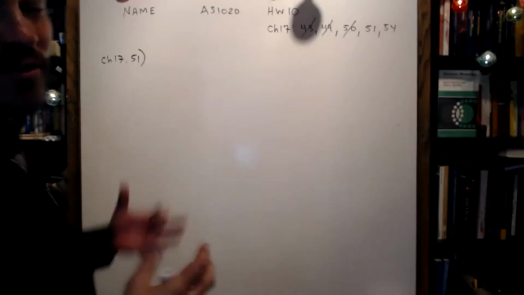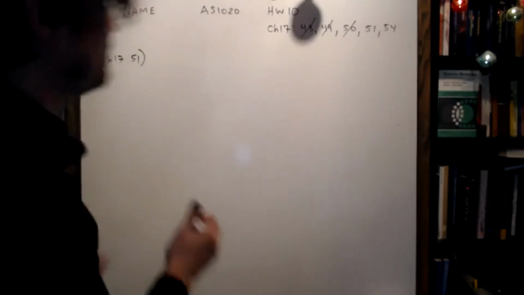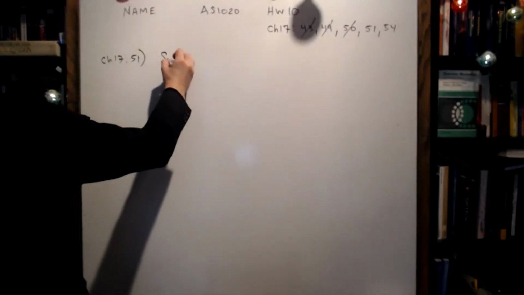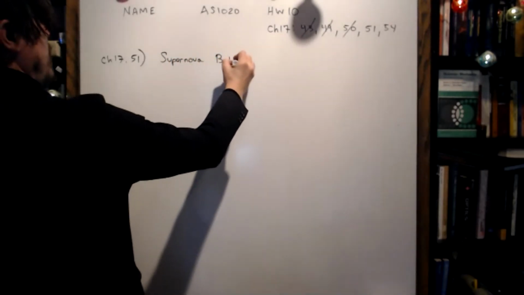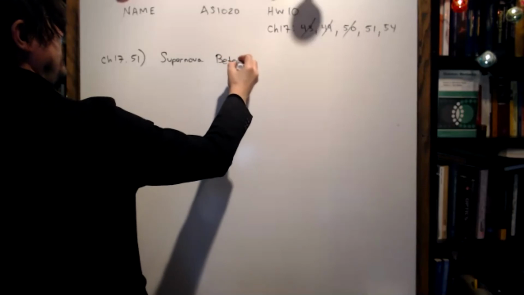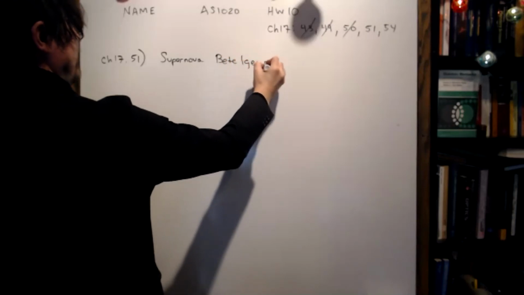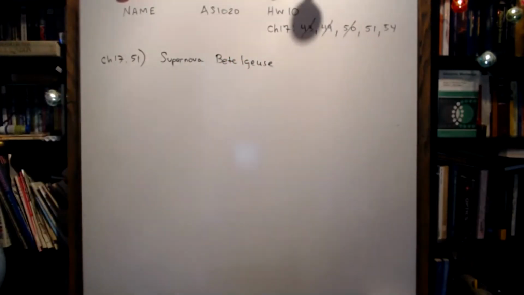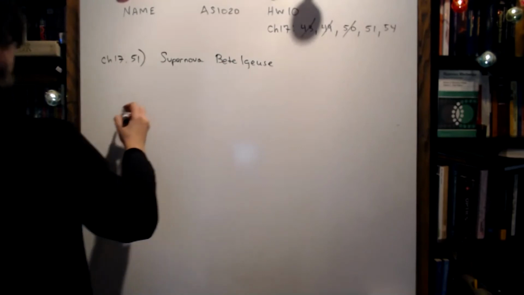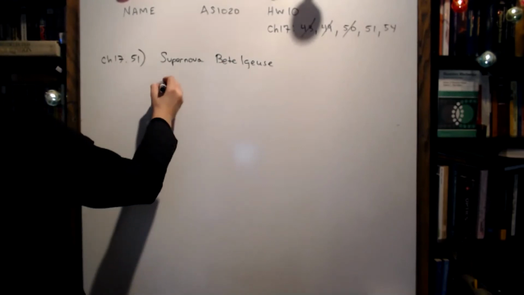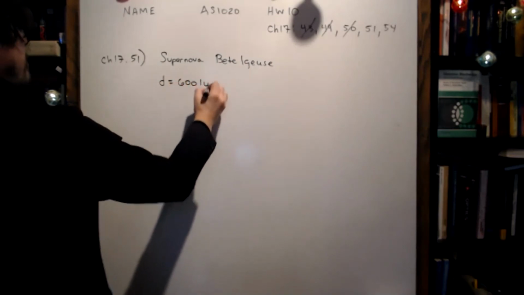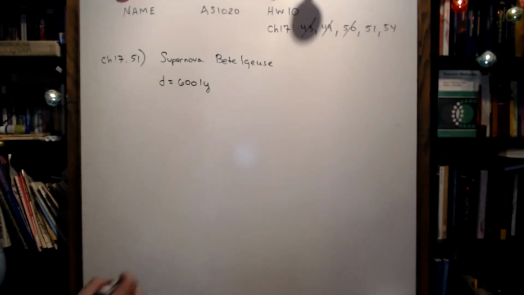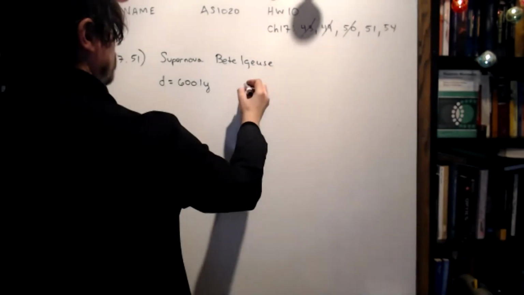Okay, supernova Betelgeuse. This homework is awesome because it ties into everything we talked about today. The distance of the red supergiant Betelgeuse is approximately 600 light years. If it were to explode as a supernova, it would be one of the brightest stars in the sky.